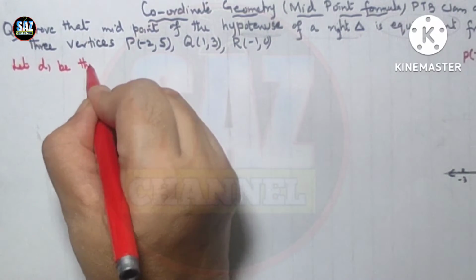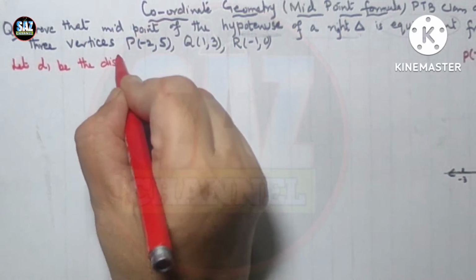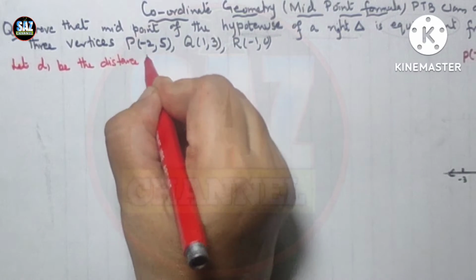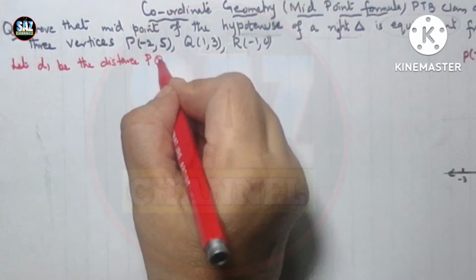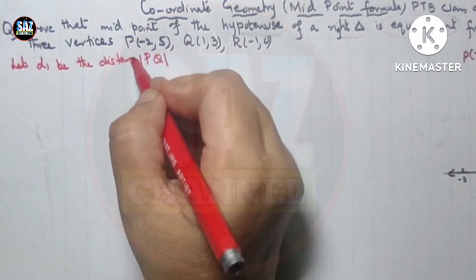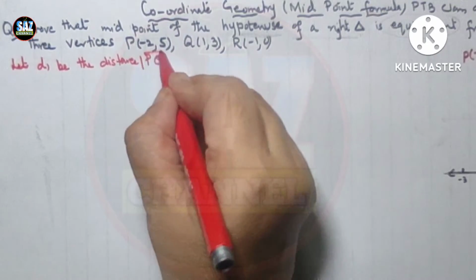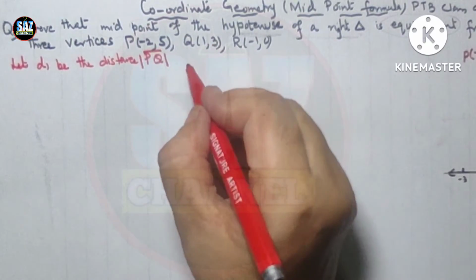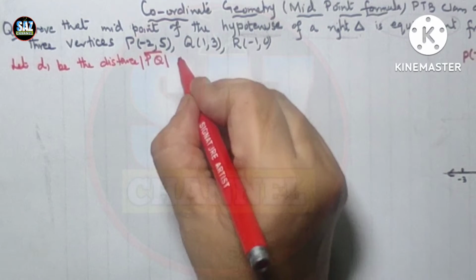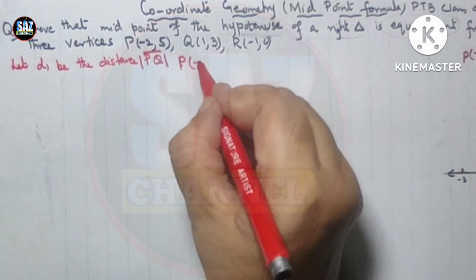P to Q distance is D1, and P has the coordinates, for every part I advise my students to write down the coordinates, (-2, 5), and Q has the coordinates (1, 3).